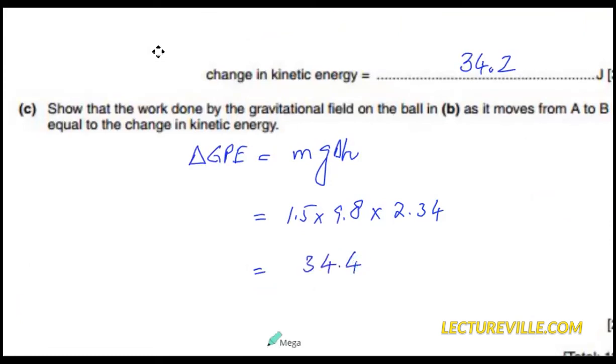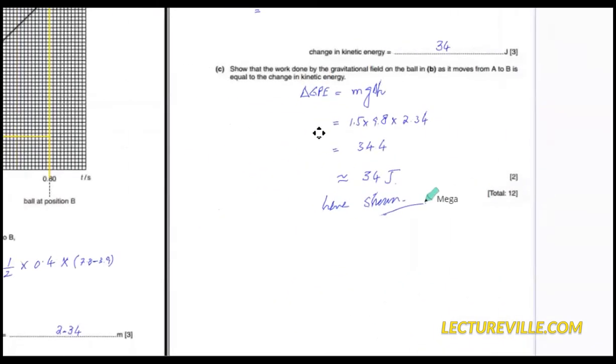In two significant figures, actually, I should change the answer in the previous part as well, so it will be 34 joules for this one as well. Hence, shown.